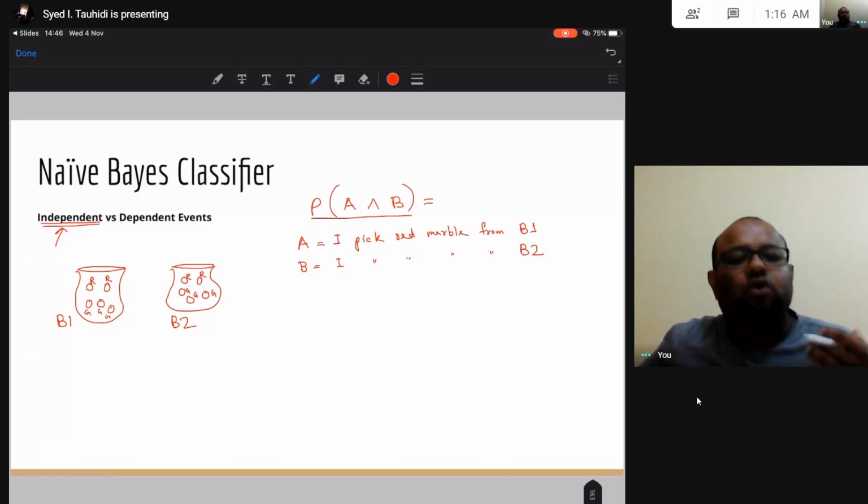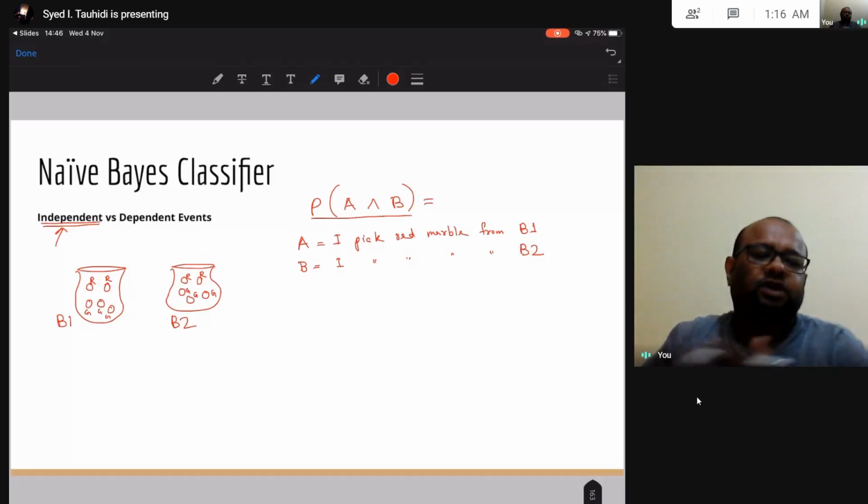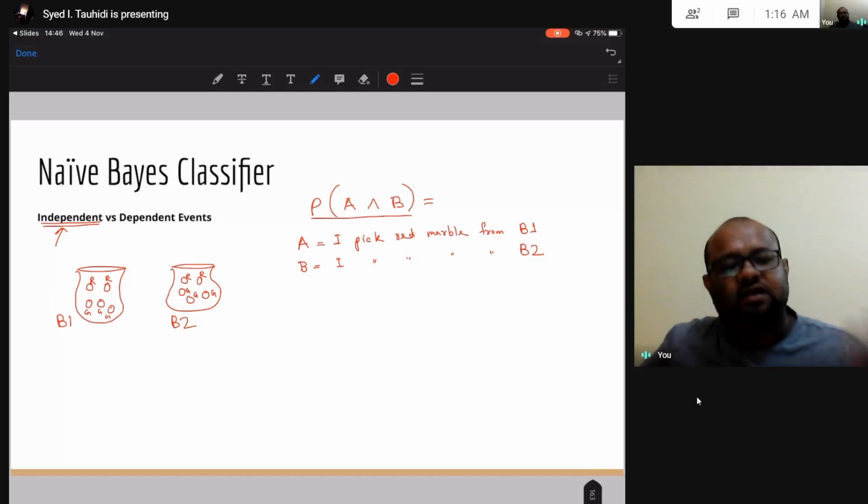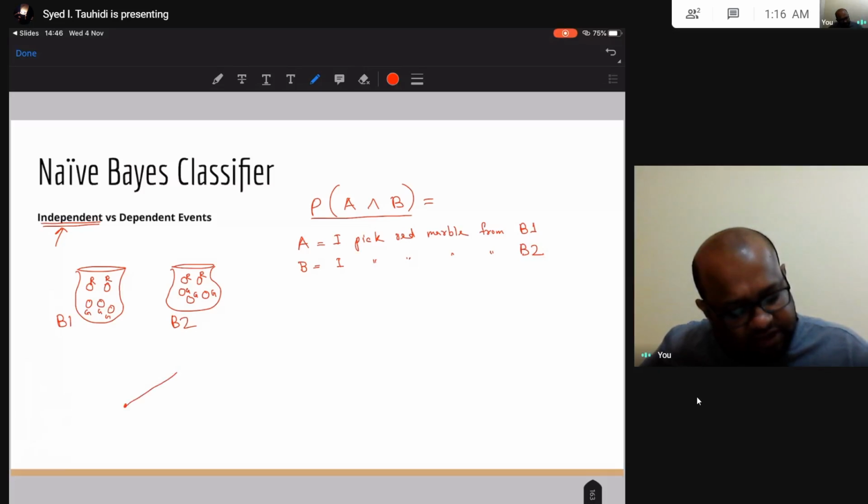Let us try to use this tree diagram method that we used in combinatorics in discrete maths. First event is picking from bag 1. There are 5 marbles, so I can pick one of these 5 marbles. 2 of them are red, 3 of them are green. Then after picking from bag 1, I am going to pick from bag 2. After I might have picked the first red marble, how many options do I have?